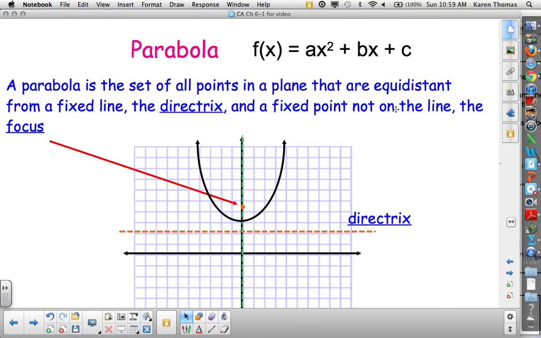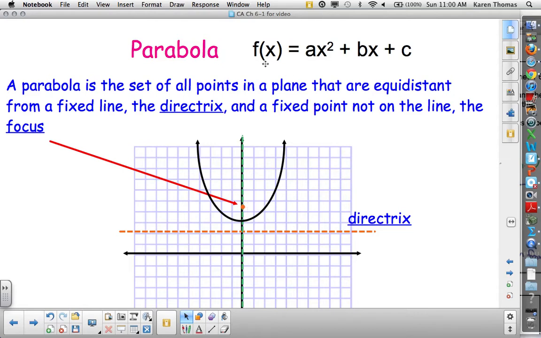The definition of a parabola is the set of all points in a plane that are equidistant, which means the same distance, from a fixed line, which is our directrix, and a fixed point not on the line called the focus.